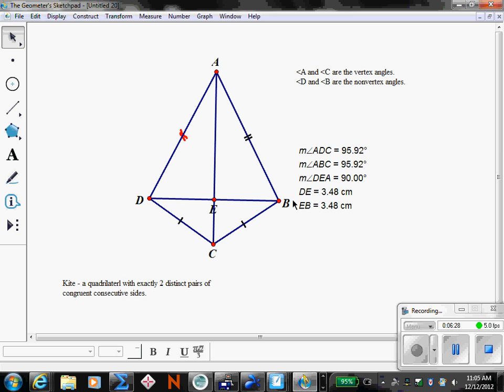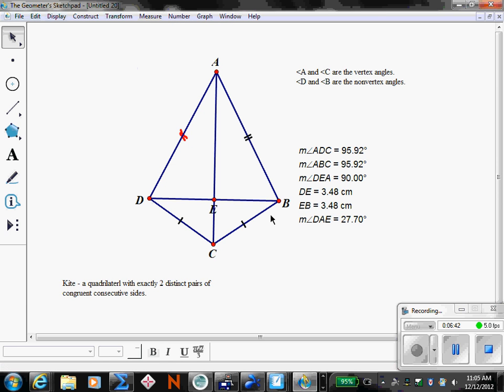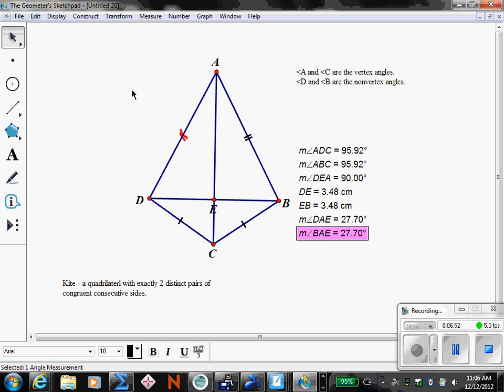And the fourth thing is about the vertex angles. If I measure DAE and then I measure BAE, notice that they are the same degrees.